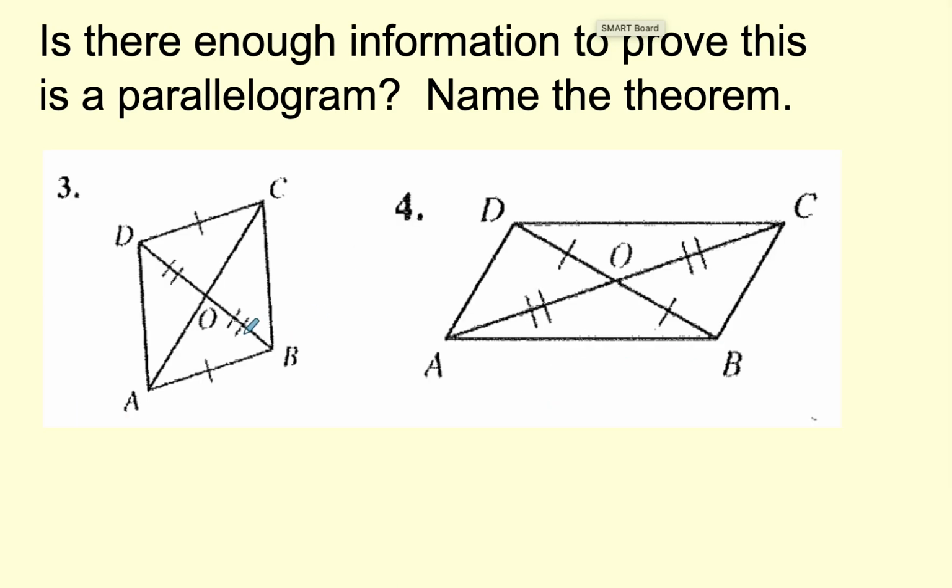Let's take a look at this one. This has one diagonal that's being bisected. We have one pair of sides. We do have vertical angles, but you can see this is not enough to get triangles congruent, and it doesn't match any of our theorems, so we're going to say no. Here I can see that this is the midpoint for this diagonal.